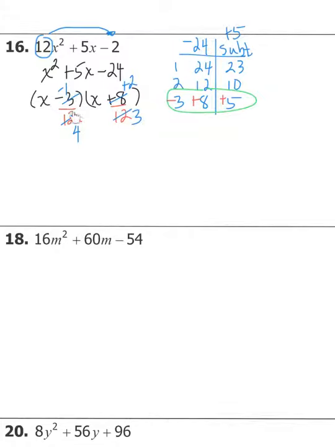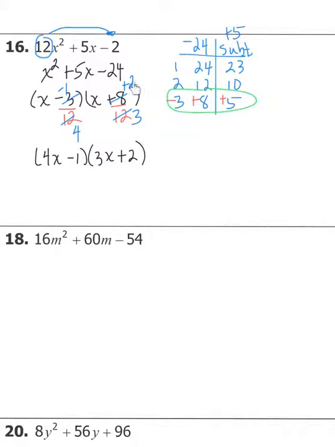So once you've reduced this fraction, now because 4 doesn't divide into 1, you're going to pop the 4 in front of the x but behind the parentheses. So it looks like 4x minus 1 times, and then you're going to pop this 3 in front of the x but inside the parentheses, so you get 3x and then plus the 2.